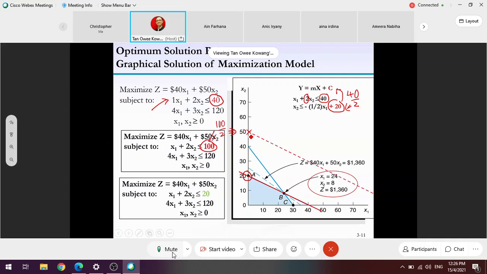So I just draw a parallel line. The red line represents the labor constraint. Same thing if I reduce the resources available for labor to 20: I expect a line that intersects at 10.